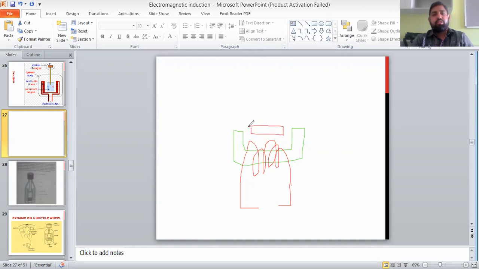That magnet can be connected to a rod, and then at the top it can be connected to a disc which can rotate clockwise or anti-clockwise. Then it can have a body.